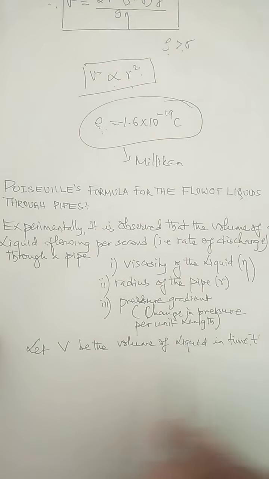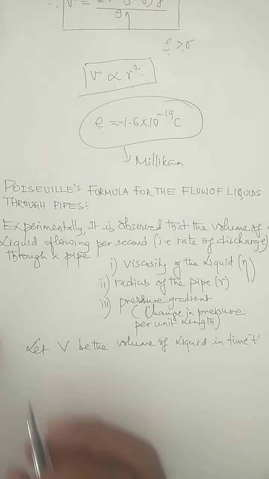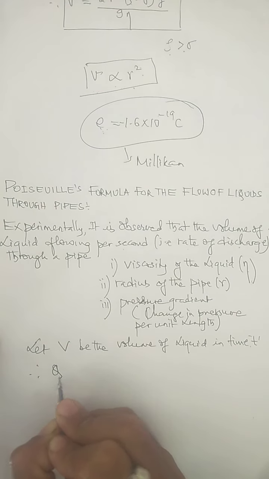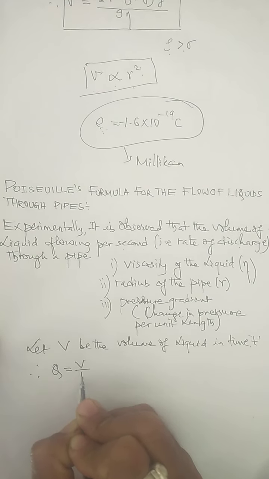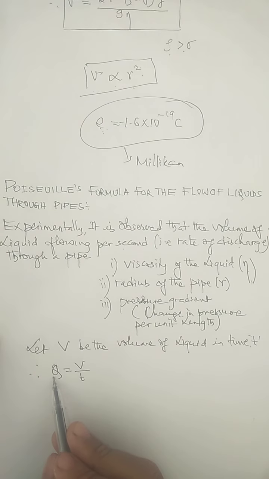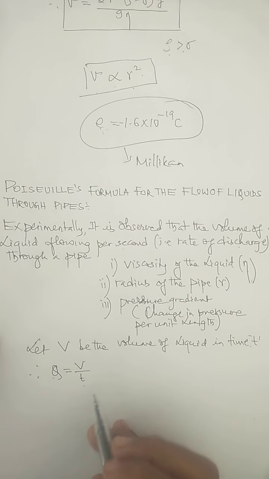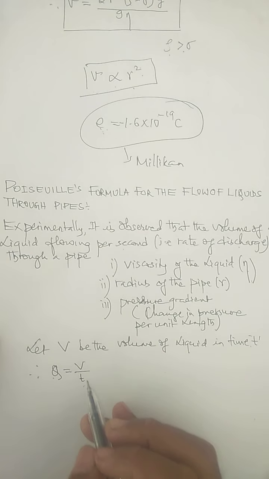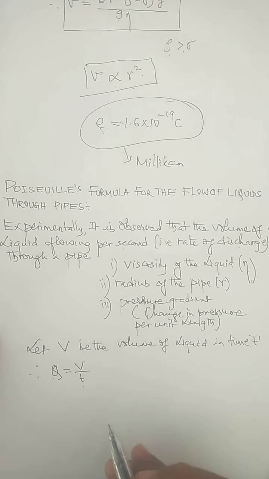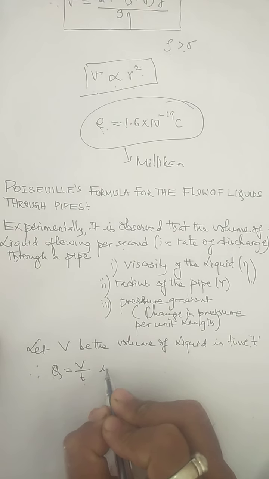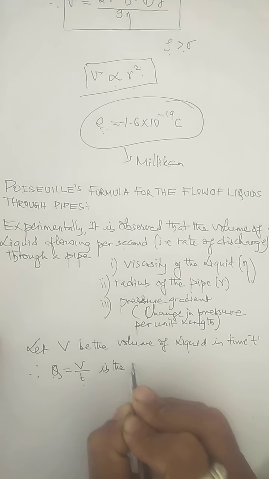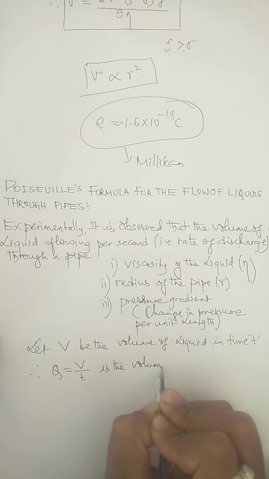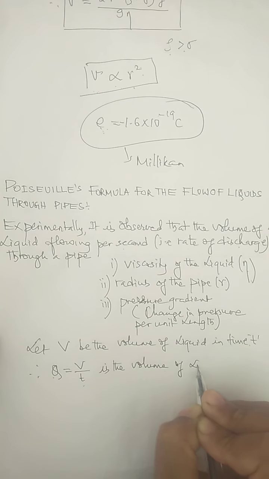So in time t, the volume of liquid flowing is V. Then I write Q equals V by t. Now V by t means the rate of flow, the rate of volume of liquid.